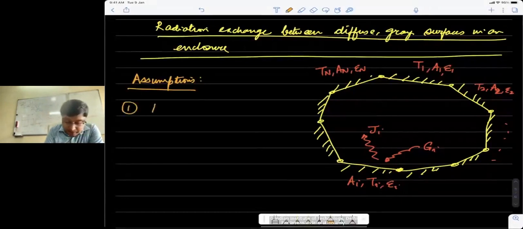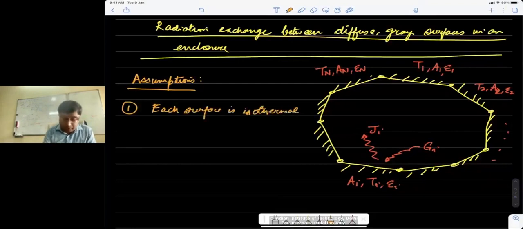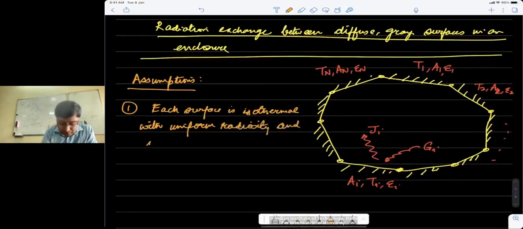So what we'll assume is that each surface is isothermal. So in totality, its temperature remains the same, and it has uniform radiosity as we assumed for calculation of the view factor, and it also has uniform irradiation.